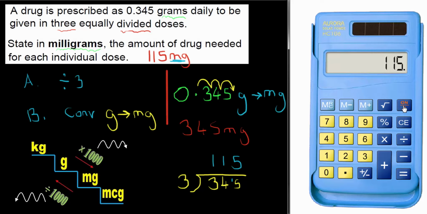And just to check that the order really didn't matter, if I started with the 0.345 grams and divided by 3 first, and then multiply by 1000, I'd come out with the same answer, 115 milligrams. Good stuff. Let's go on to question 7.